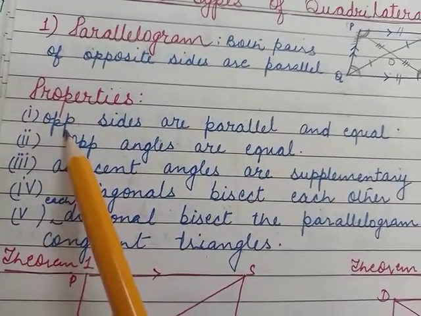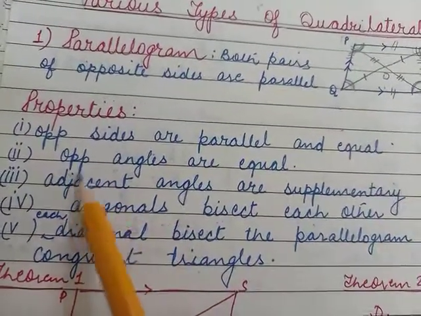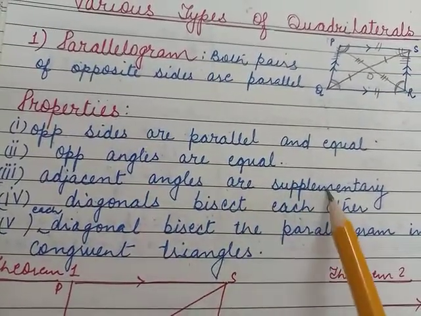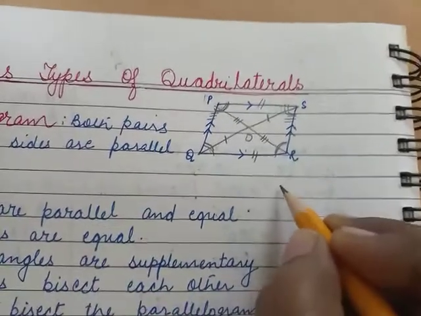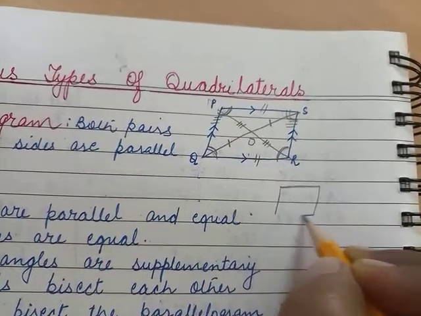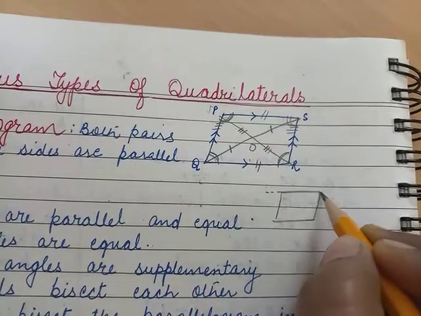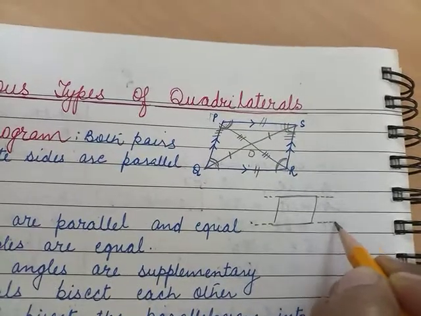The first property says opposite sides are parallel and equal. Opposite angles are equal. Adjacent angles are supplementary. Understand it this way. This is a parallelogram, and I extend its sides. As we know, opposite sides are parallel.